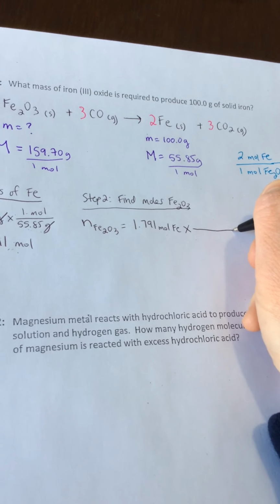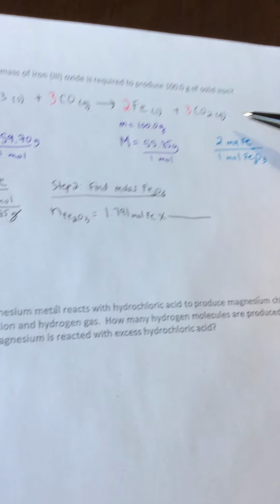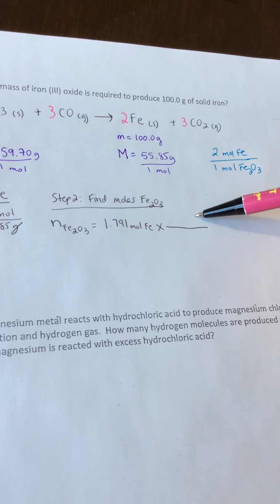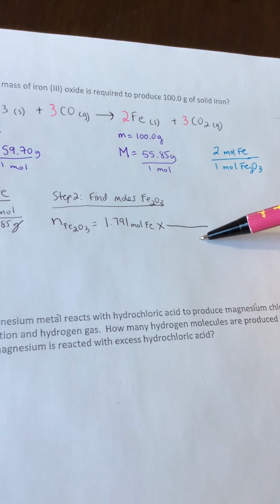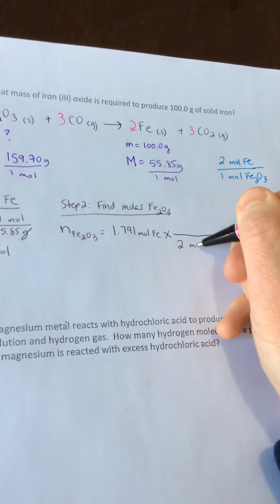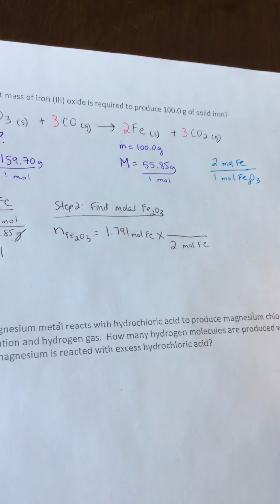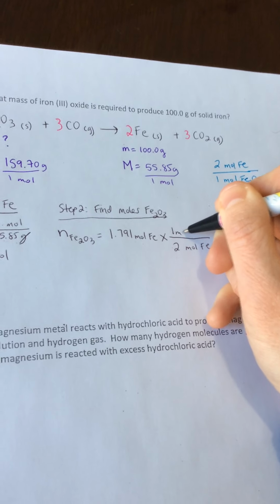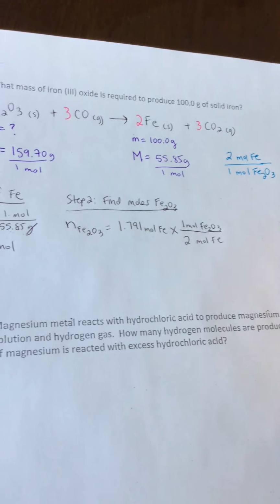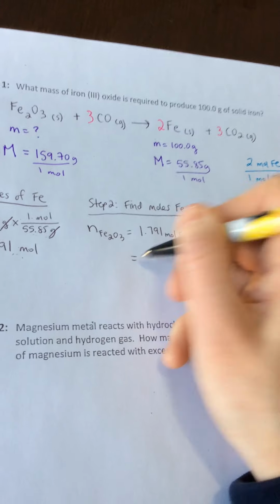Add in this detail here so that you apply this mole ratio correctly. Because just as you saw in the video on mole ratio, we need to decide how we're going to use this. Is the 2 moles of Fe going in the numerator or the denominator? Well, we want this to cancel out, so it needs to go in the denominator. The moles of Fe2O3 is what we want to find. It needs to go in the numerator.